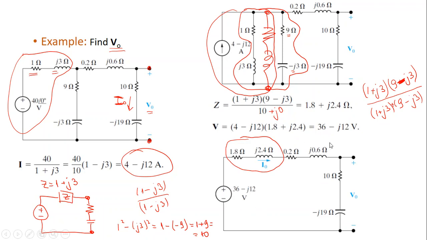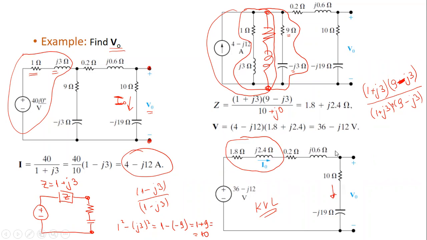Now I arrive at a single loop circuit, as you see. The current here, I0, will be the same current here. So I can find it by applying KVL to this loop, or by dividing the voltage by the sum of all impedances.